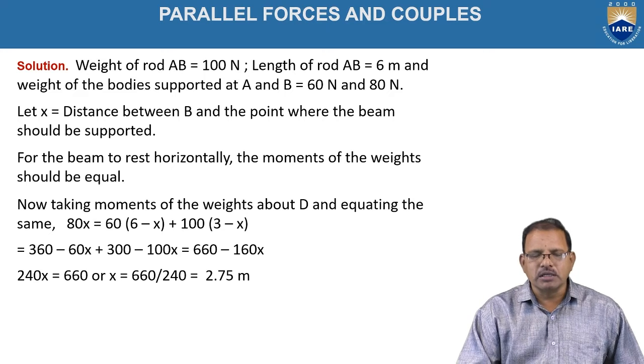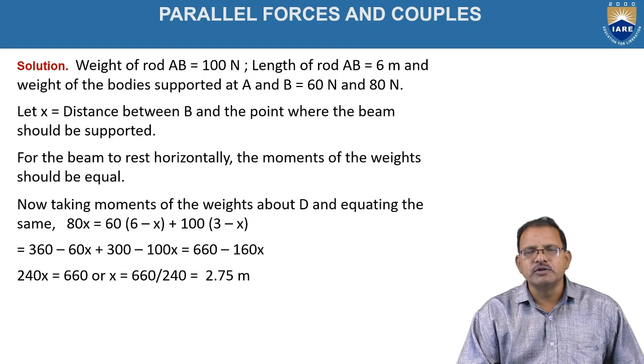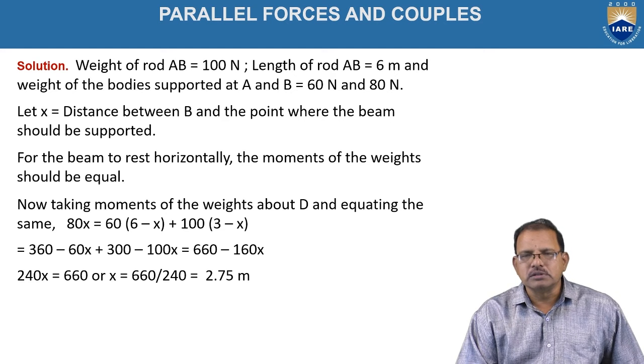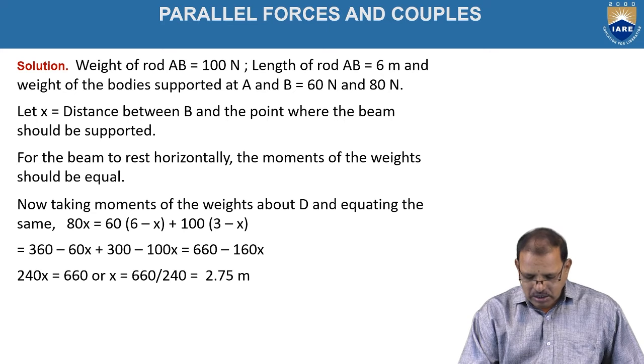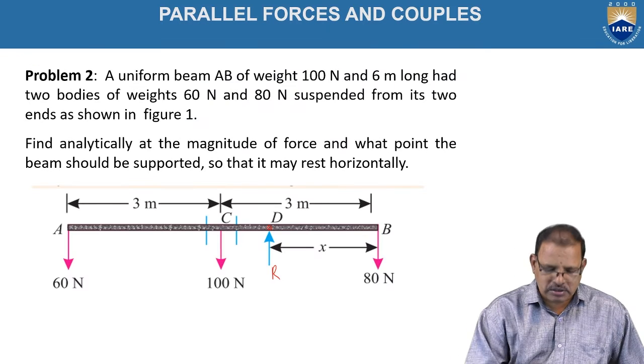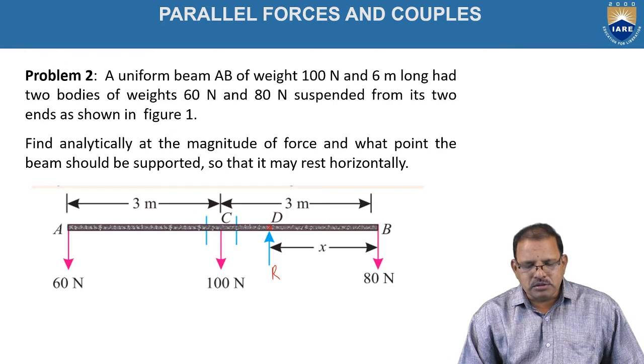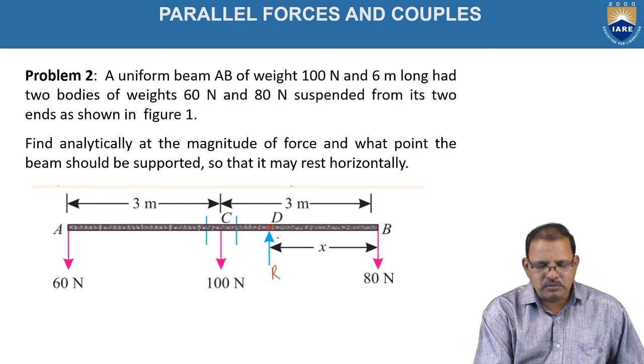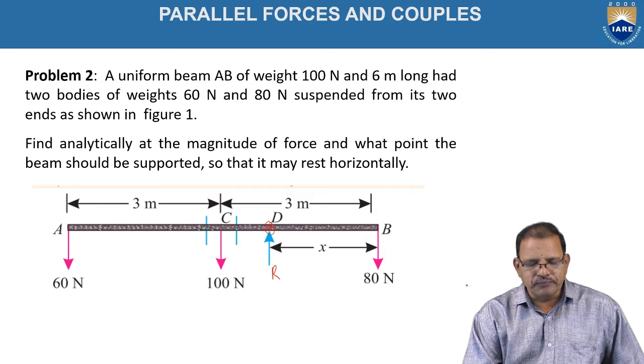Since the beam remains horizontal, the moments should be equal. Now taking the moments of the weights about D and equating, 80 into x, this moment we are taking at D.